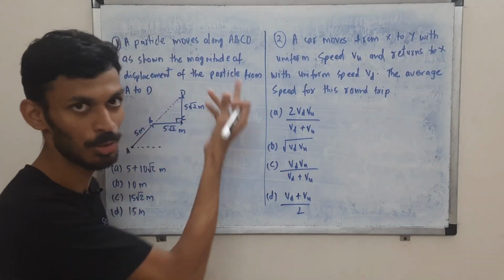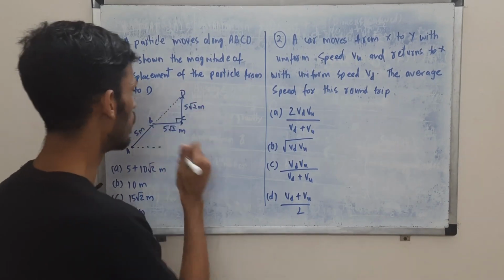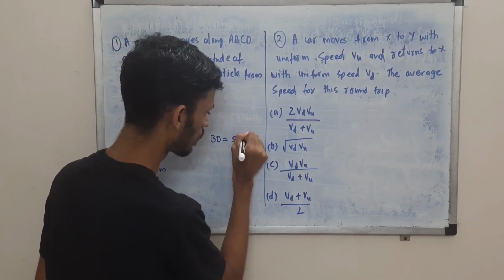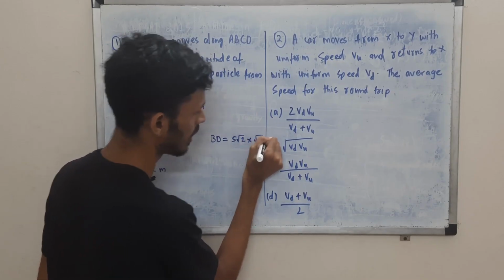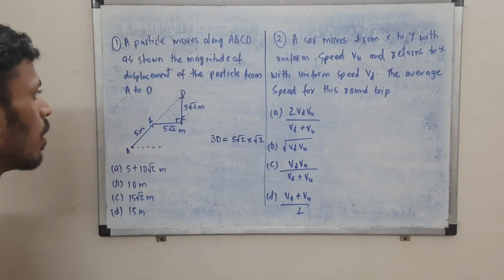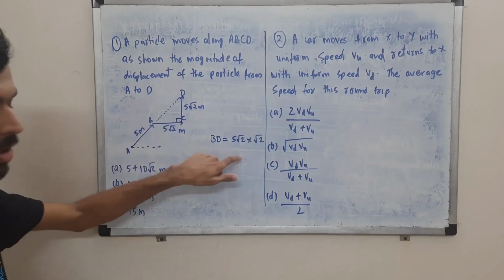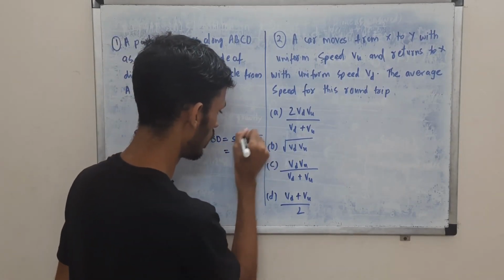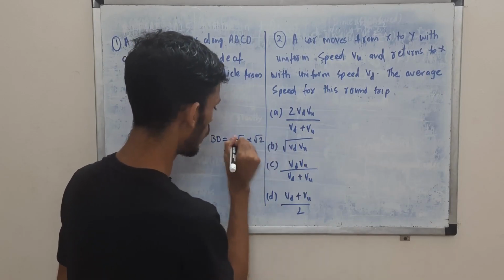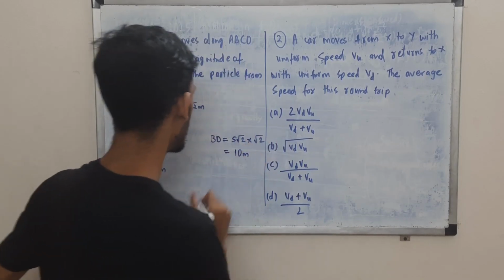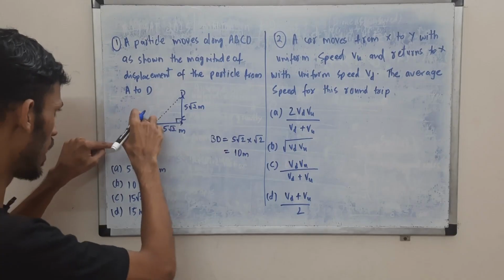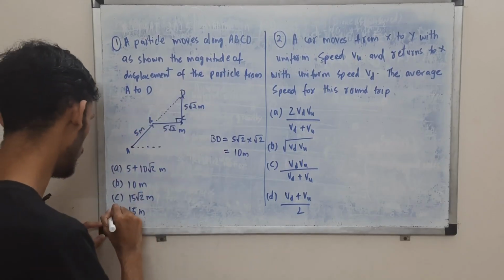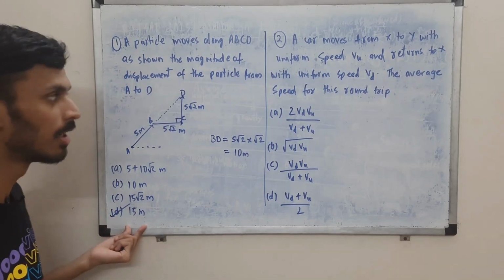So here the BD distance will be 5 root 2 times root 2. Root 2 times the side is your diagonal for the square, or you can use Pythagoras for this. You'll get the same answer: 5 root 2 times root 2 is 5 twos, which is 10. So this distance BD is 10 meters and this is 5, so 10 plus 5 is 15, option D. Okay, that is the displacement.